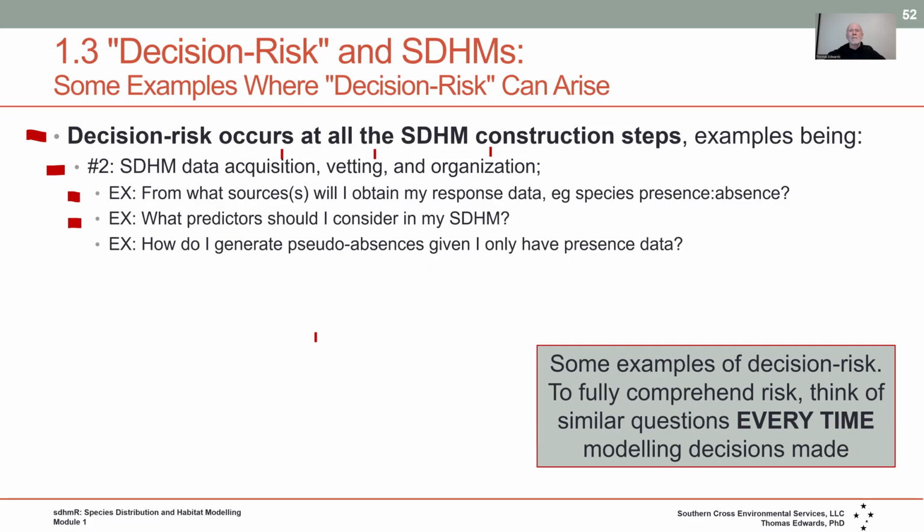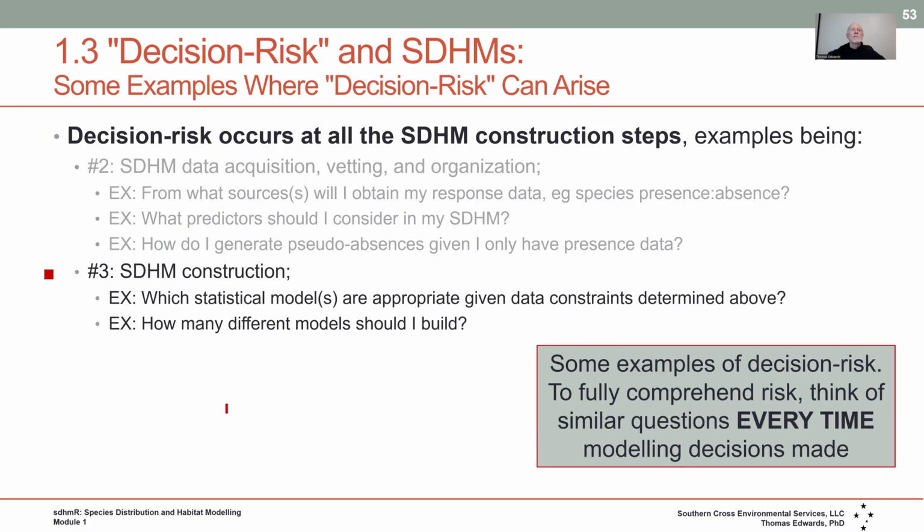What predictors should I consider in my model? How do I go about generating pseudo absences given I only have presence data? Now, we will, in fact, discuss each of these three very specific examples. But the point of this is that each one of these constitutes some level of subjectivity.